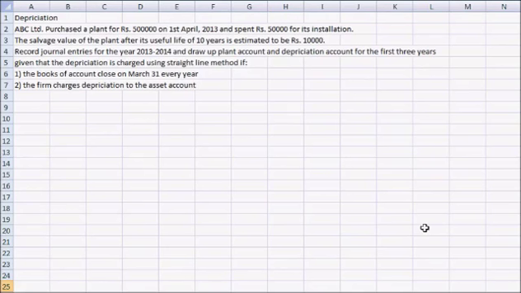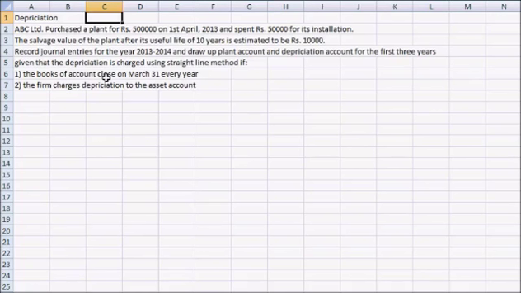In this session, we'll discuss depreciation. We'll learn how to calculate depreciation, how to account for depreciation of a particular asset, how to pass the journal entry for depreciation, and how to make the ledger account for depreciation.